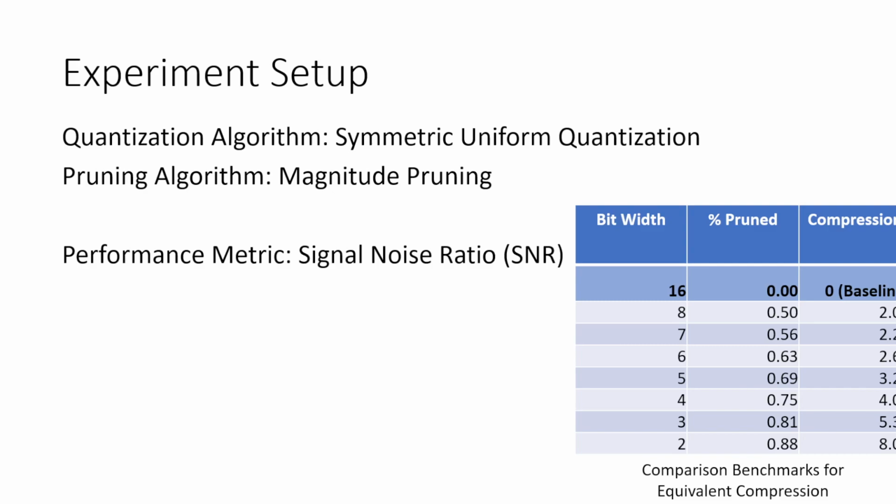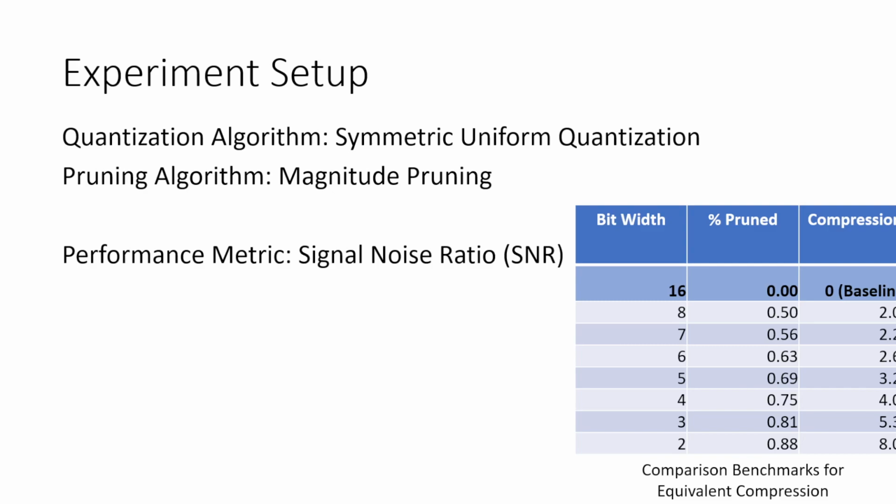What they're effectively saying is that a 2x compression is equivalent whether you're reducing the bit width by half, or you're removing half of the weights in your neural network. And this makes sense intuitively, at least, right?